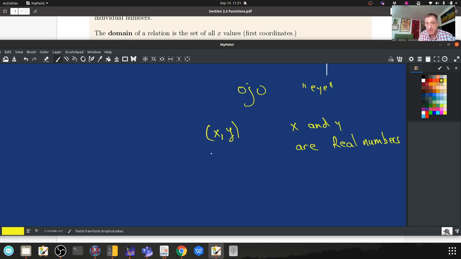Now in advanced mathematics we don't necessarily make that restriction, but for you guys we do, because we want to graph something and we only have a two-dimensional graph. How would we graph something in the form a plus bi, c plus di? Wow, how are you going to graph that?